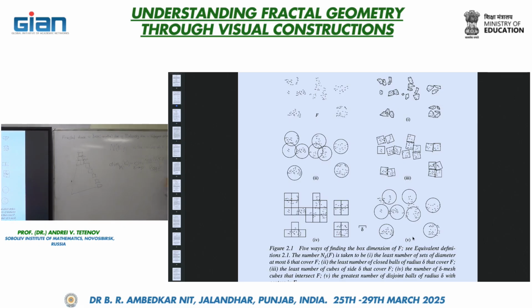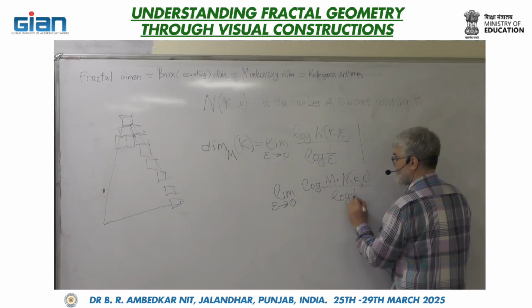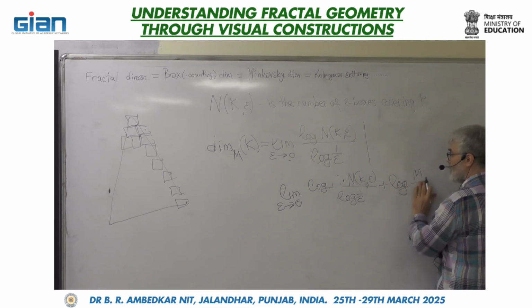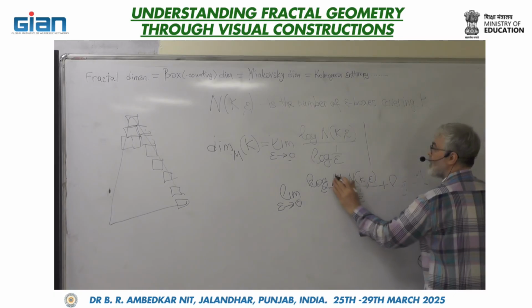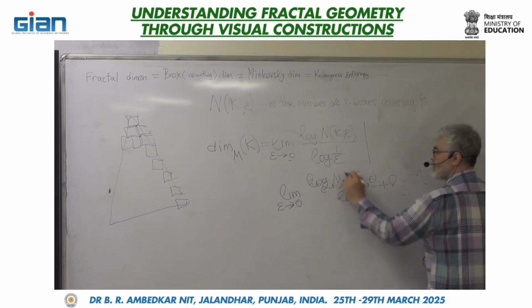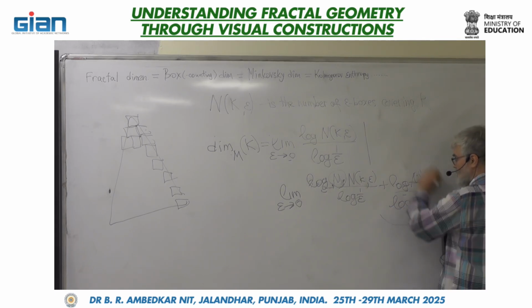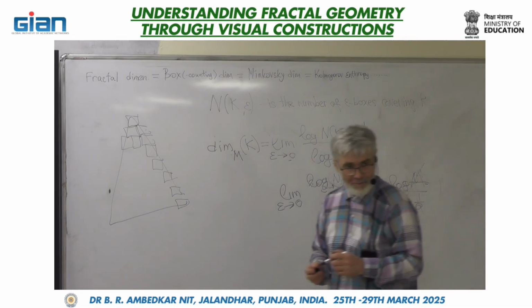So finally we get the same number, because if you have the limit as epsilon passes to 0 of the logarithm of m multiplied by N_K(epsilon) divided by the logarithm of 1 divided by epsilon, we just write it this way: the logarithm of m divided by the logarithm of 1 divided by epsilon, but since 1 divided by epsilon tends to infinity, this disappears in the limit.